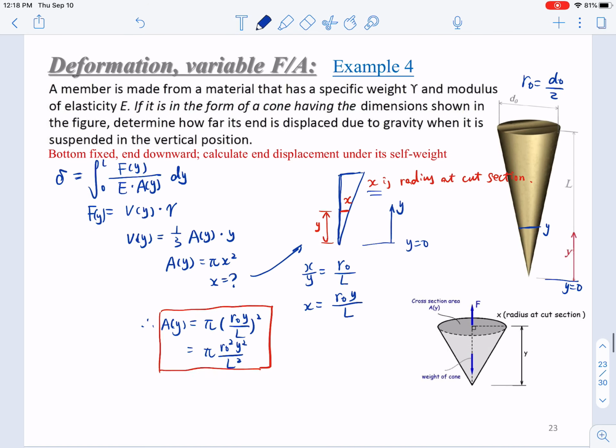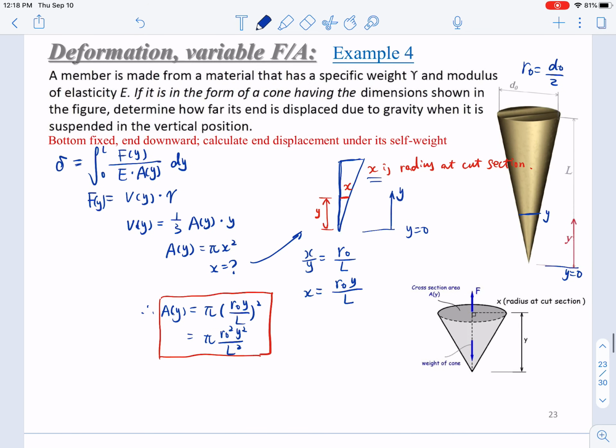From here, we can also calculate Vy. Vy is just pi R0 squared y cubed over 3L squared.